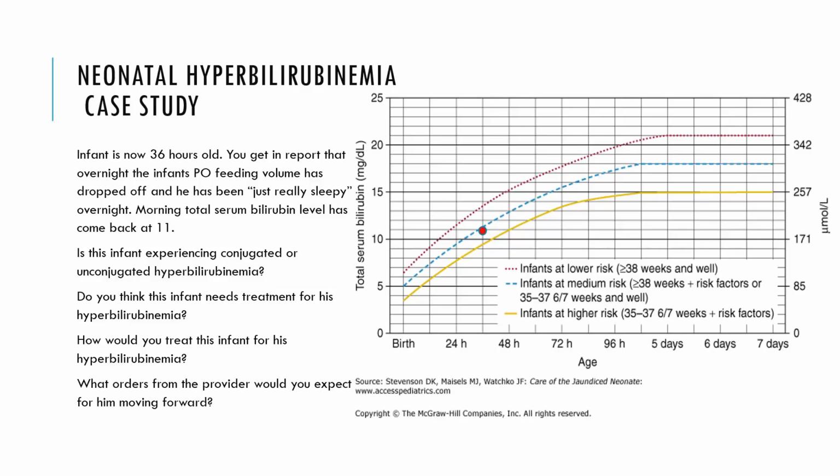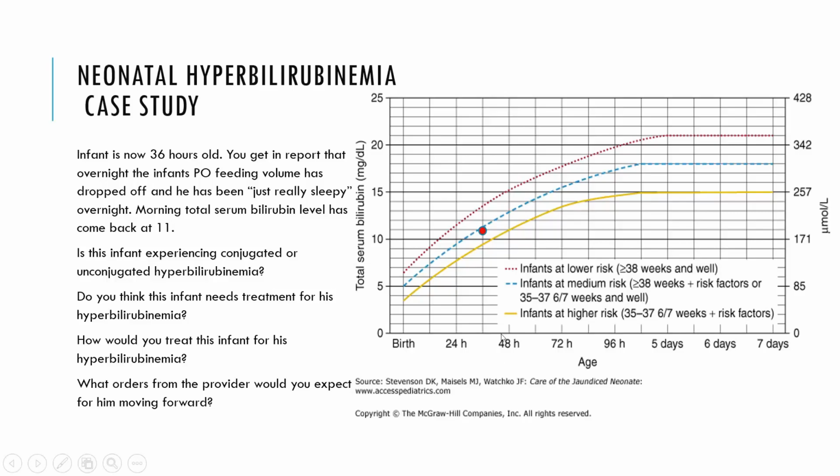Think about where your 3.8 was. Down here. And now we've got crossing of percentile, just a little bit. Not very bad though, but do you think this infant is experiencing conjugated or unconjugated hyperbilirubinemia? Still unconjugated. Do you think this infant needs treatment for his hyperbilirubinemia?